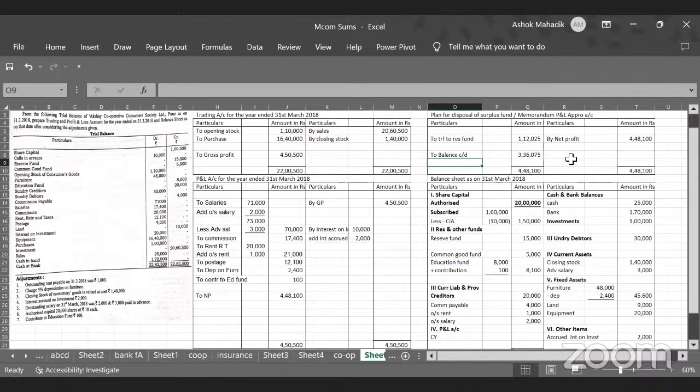It will be shown as a proposed item. That is a plan, not executed as yet. Clear? So the profit which is shown by the normal P&L account will go to your balance sheet. How much is it? 448,100. I'll carry it forward there. Current year profit 448,100.